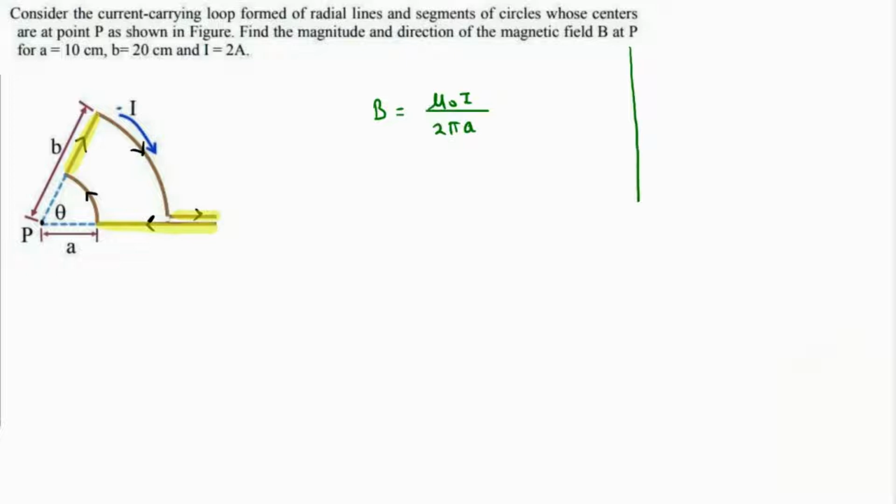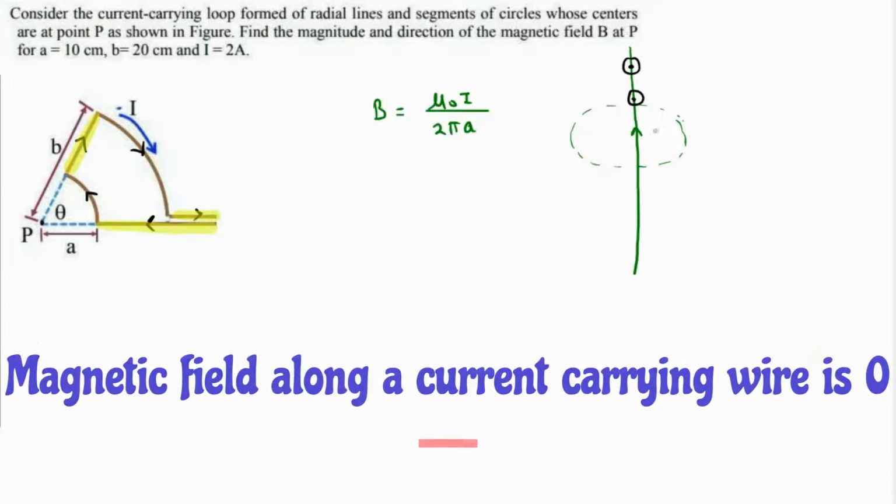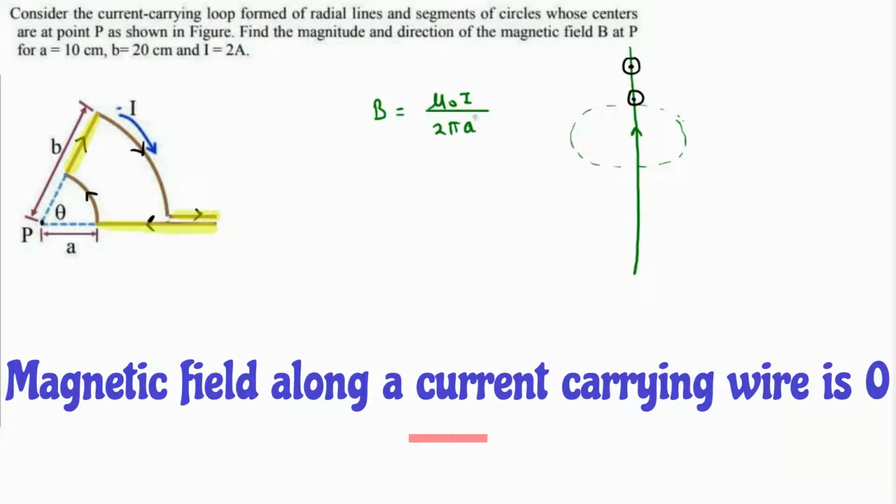So basically, the current carrying wire generates a magnetic field which is concentric. So for a point which lies on this wire, for example, like here or here, there is no magnetic field, right? Because there's no perpendicular distance.